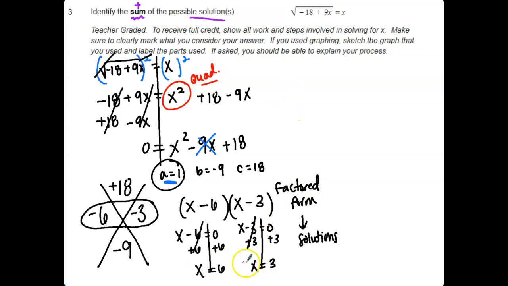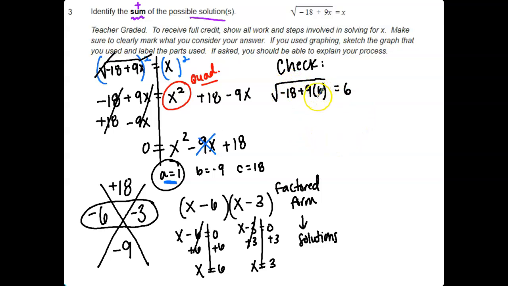All right, so we're almost done, but we do need to check and make sure that both of these are good solutions. We've got to check twice. So we're going to do the square root of -18 plus 9 times 6. And that should be equal to 6.